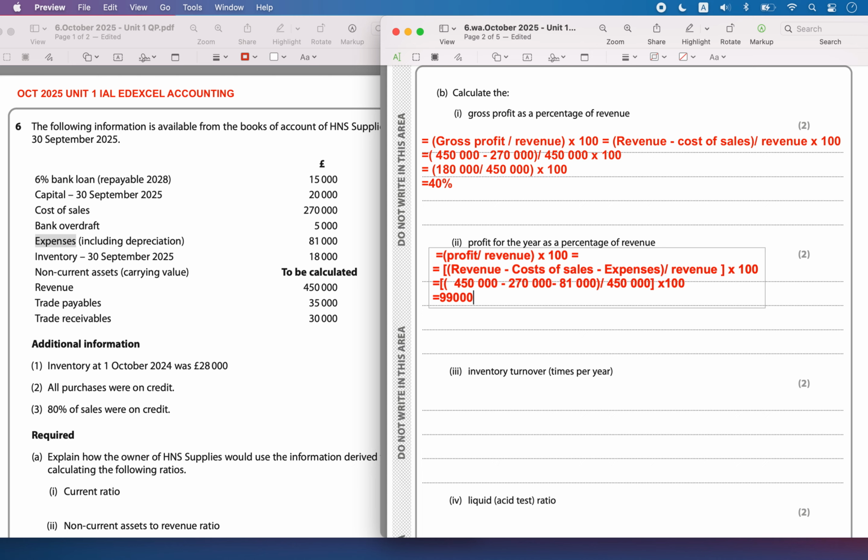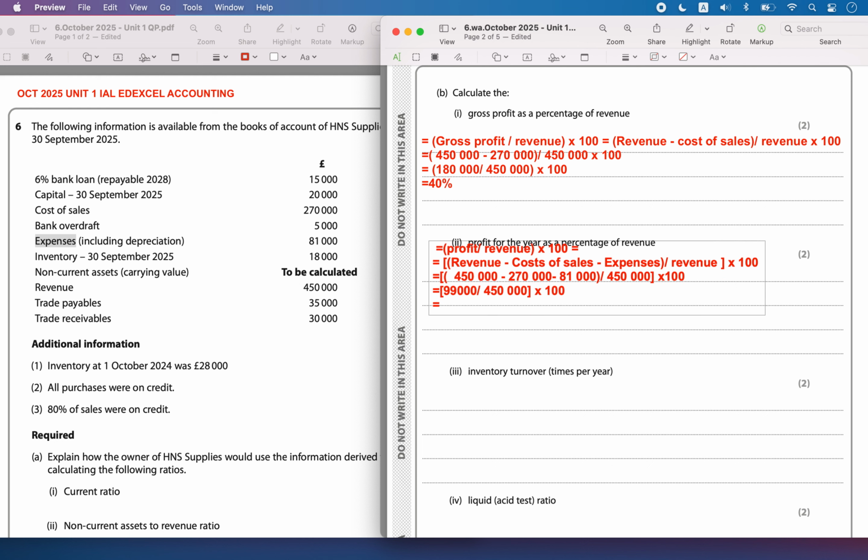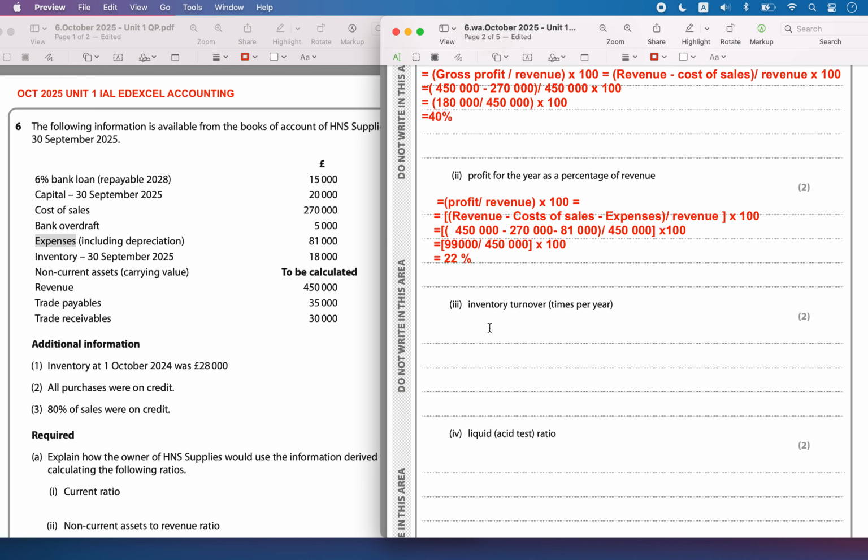That is equal to 99,000 divided by 450,000 times 100, which is equal to 22%. So that is the answer.